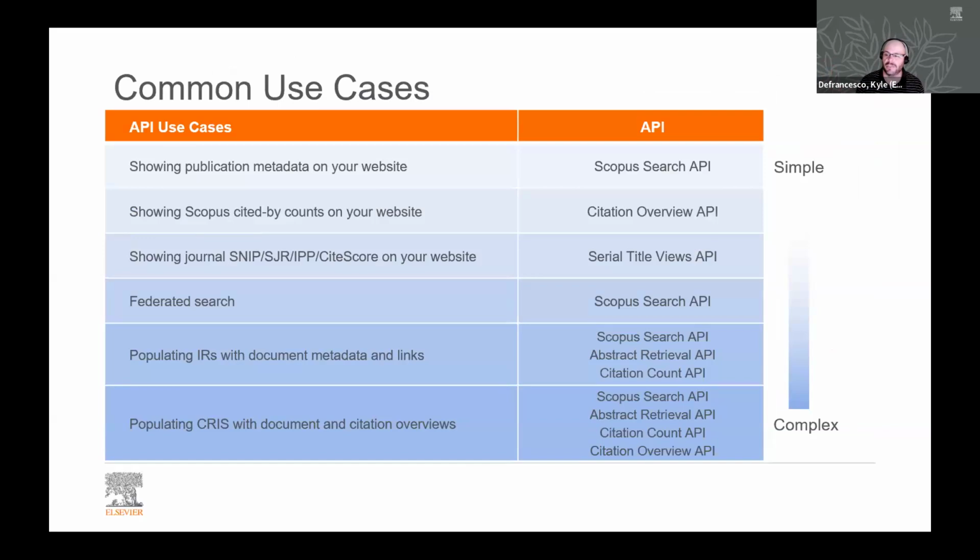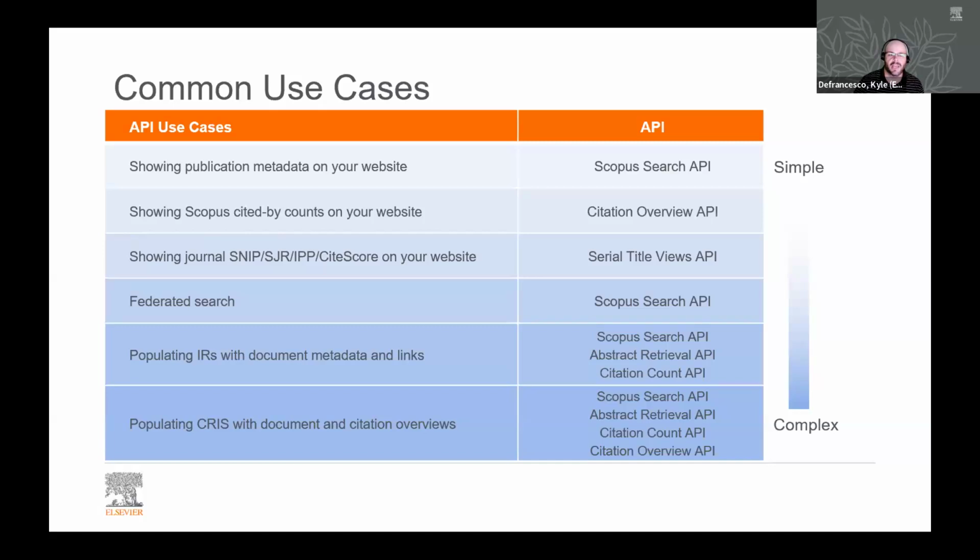A more complex use case would be to showcase metrics on an author or journal and use that data for analysis of institutional performance. Federated search allows libraries to implement a single search box that searches across all digital assets. And you can use the Scopus API to populate CRIS systems like Pure, or institutional repositories like Digital Commons.